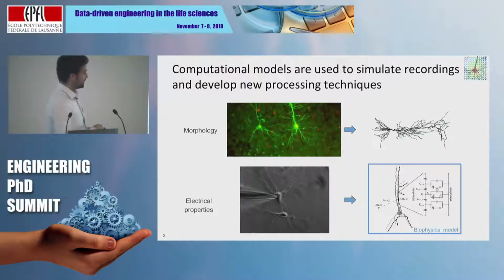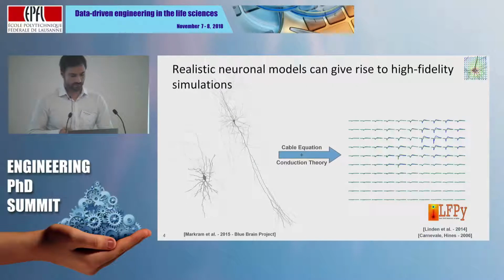And the other part is the electrical properties, which are extracted by fitting some electrical parameters of the model to patch clamp recordings. And when we have these very detailed models, we can simulate the extracellular activity by combining the solution of the cable equation, using, for example, the NEURON software, and then we can use volume conduction theory to compute the extracellular potential at any point in space.